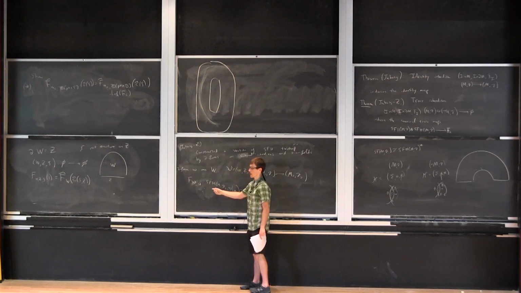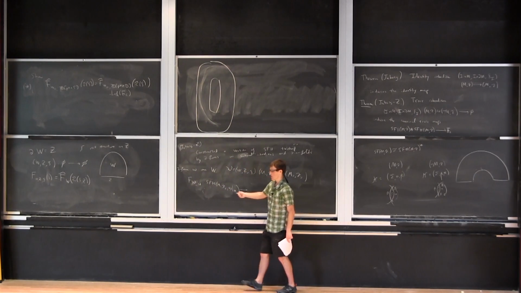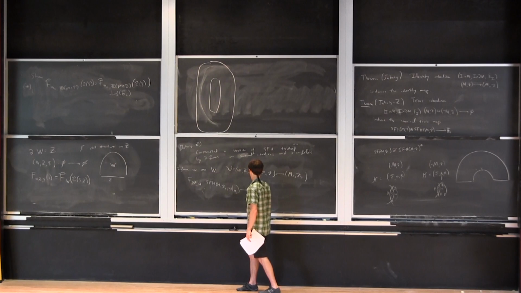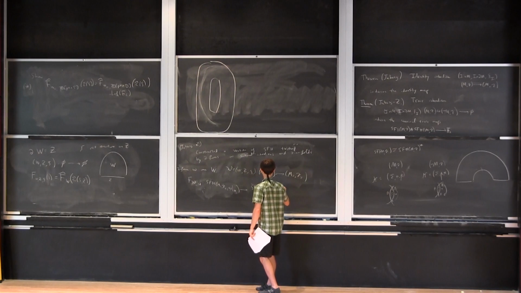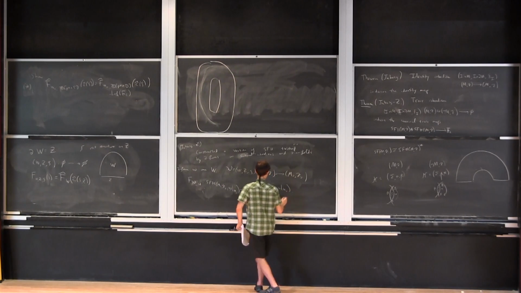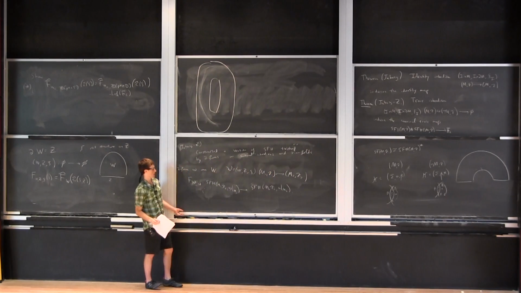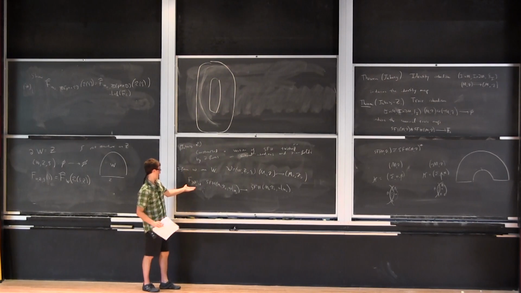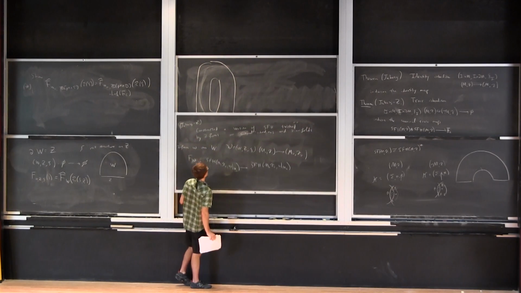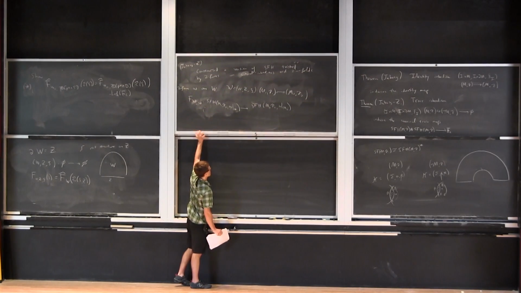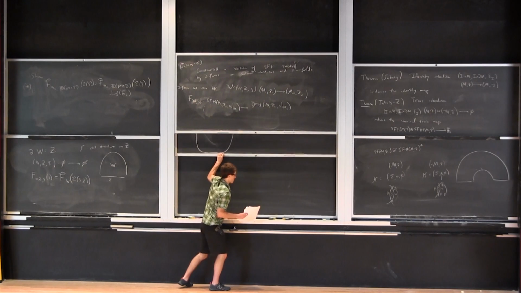These are modules over the Novikov ring as well. So we have this formal construction of a map twisted by a real two-form.